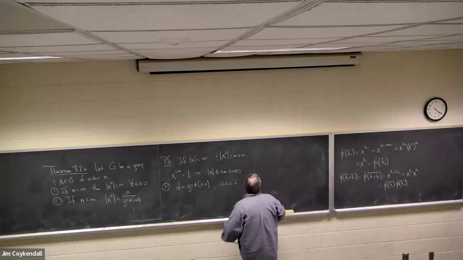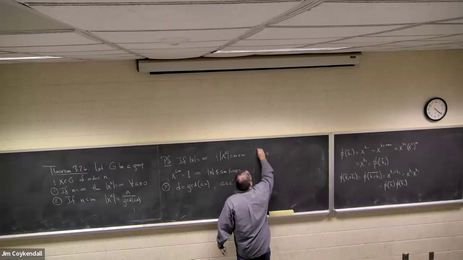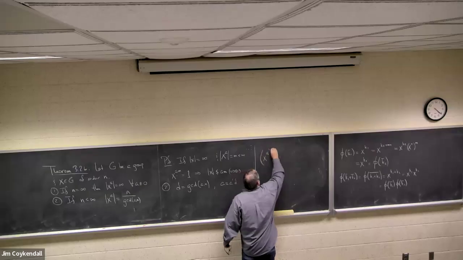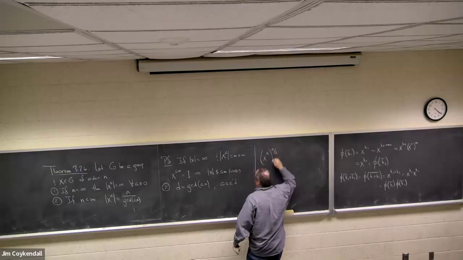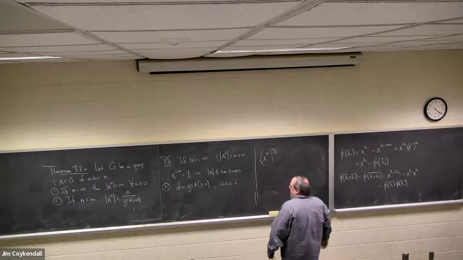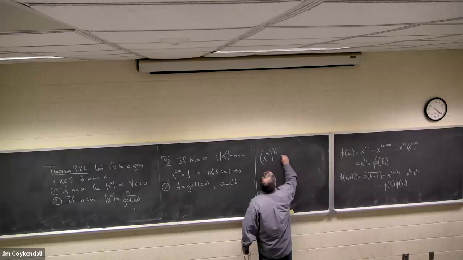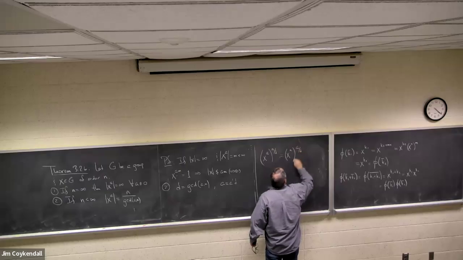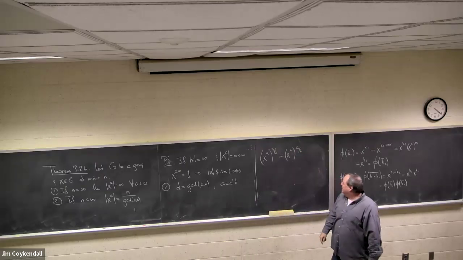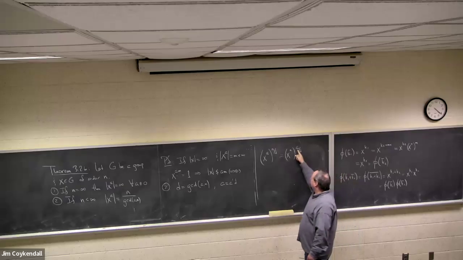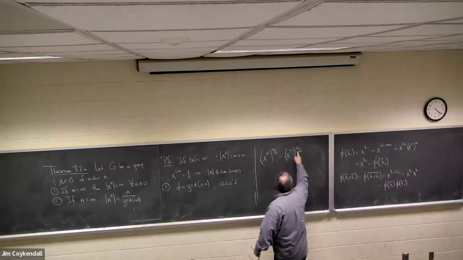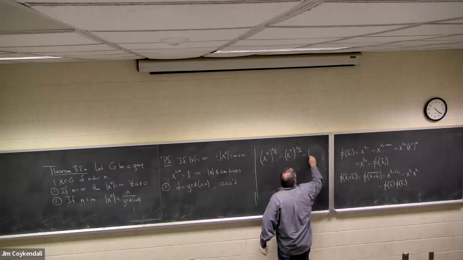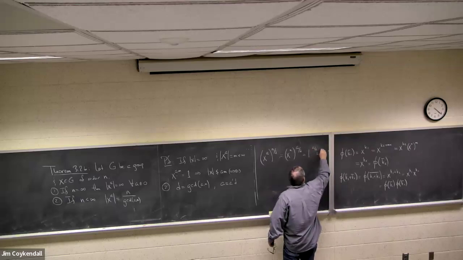Well, if we look at (x^a) to the n over d power, this is equal to (x^n) to the a over d power, just swapping out that a and n there. And of course, d divides a as well, so this is a bona fide integer, which is 1 to the a over d, which is 1.